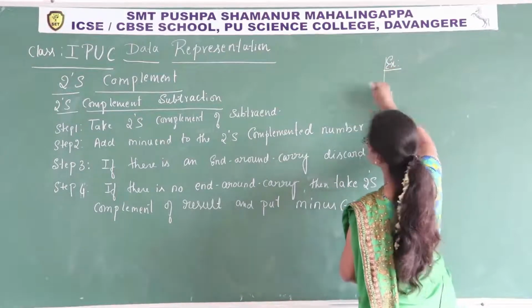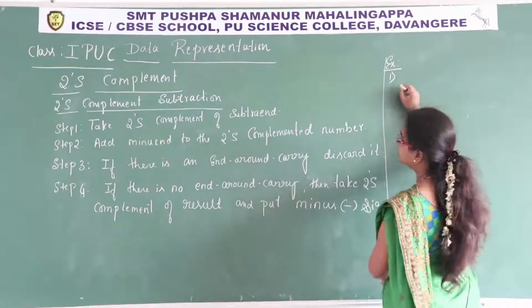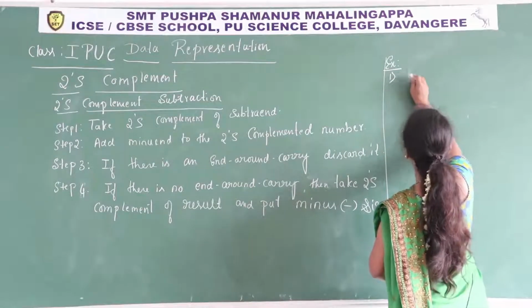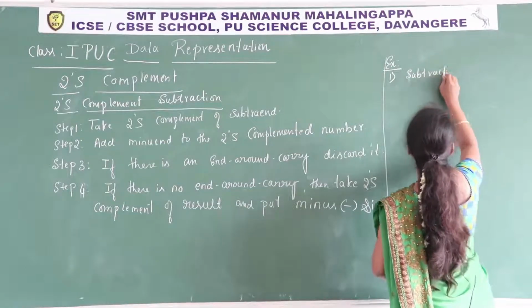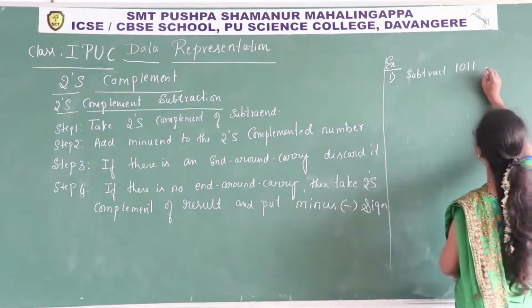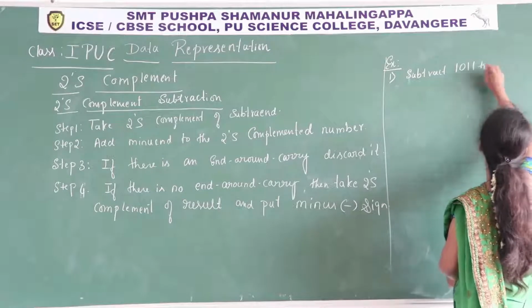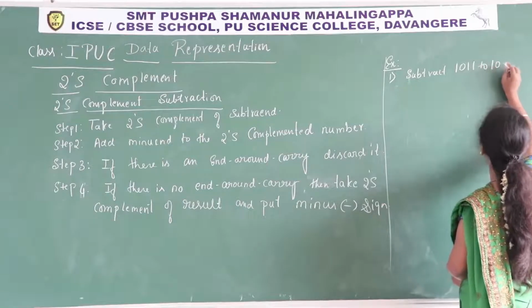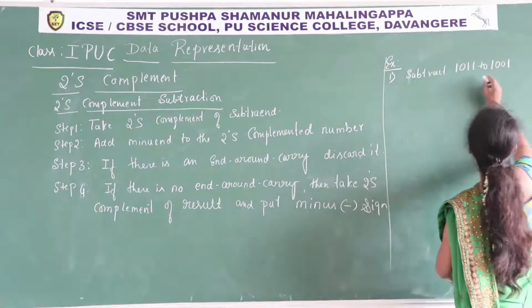Example 1. Subtract 1011 to 1001 base 2.